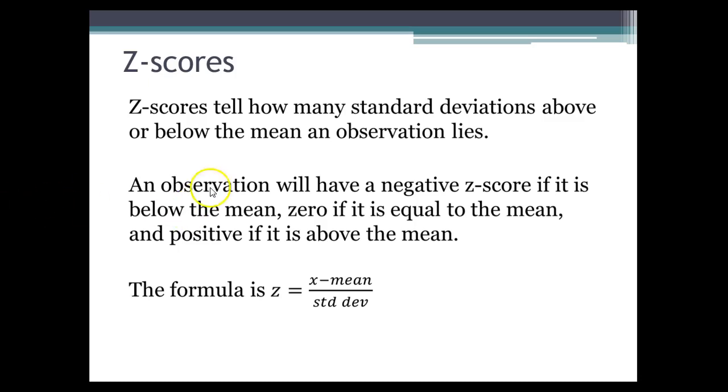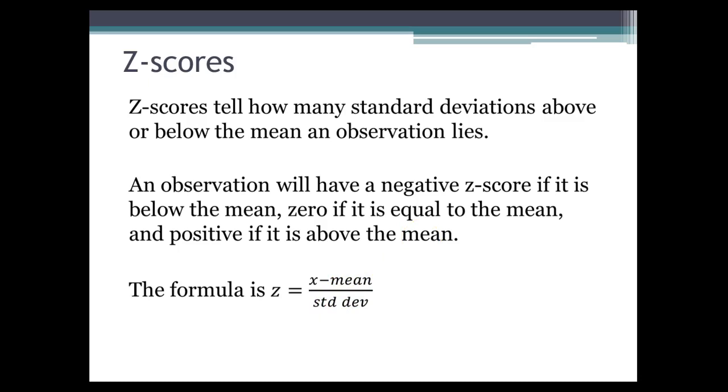And the formula is just x, and x is the number that you want to find the z-score of, minus the mean divided by the standard deviation. And I didn't specify mu and sigma here, or x bar and s, because it can be for the sample or the population.